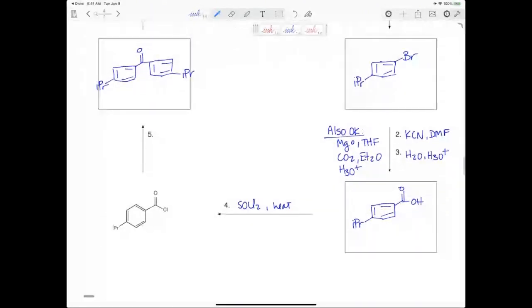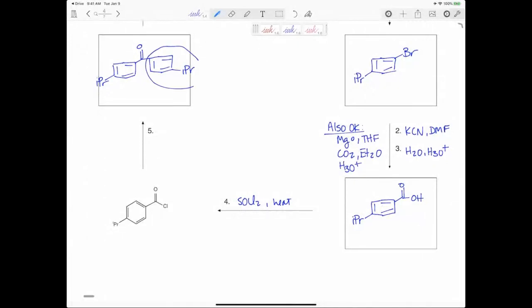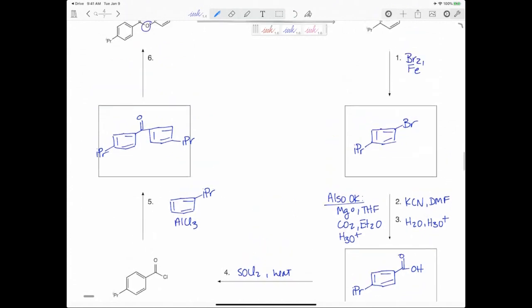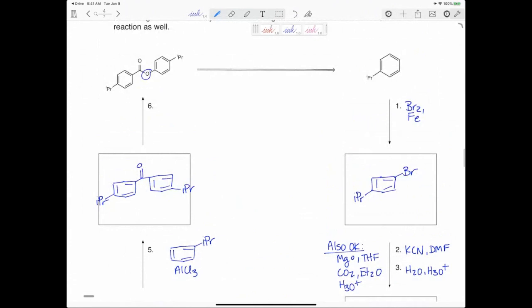So what am I adding here? I'm adding exactly the same thing, right? And I already have an acyl chloride, so I just need to add one more starting material of mine in the presence of aluminum trichloride. And there we go. This is how we get to that next intermediate. And then step 6 is super easy. Baeyer-Villiger oxidation, right? I just said it. What's that reagent there?